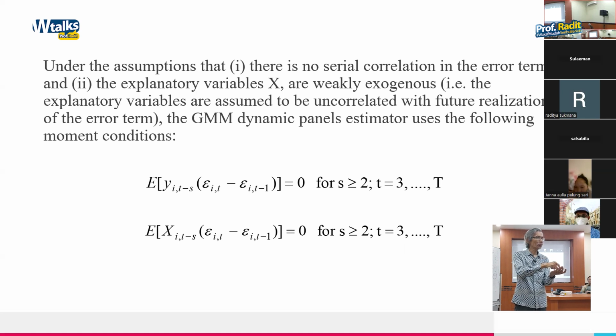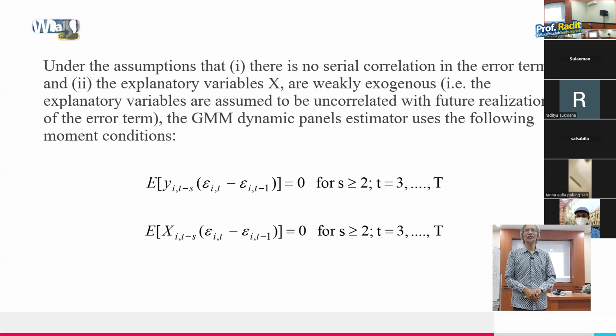One step, the problem is the assumption of homoscedastic errors. How to solve it? Incorporate the different variance of the error term in the second step and re-estimate. So you get two-step first difference GMM. And once you estimate the second step, there exists a problem also.